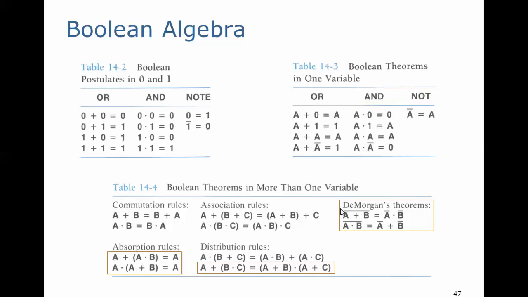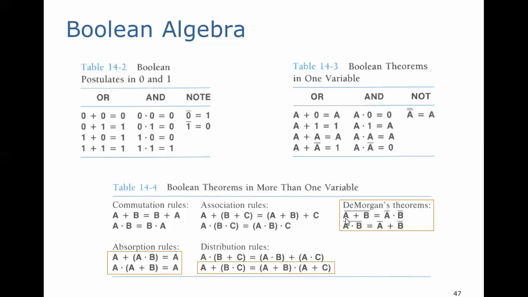And then finally we have 2 famous theorems, which we'll use most significantly in our work with combinational logic, and that is DeMorgan's theorems. In words, what it says is that the inverse of the sum of a and b is equal to the product of the inverses.